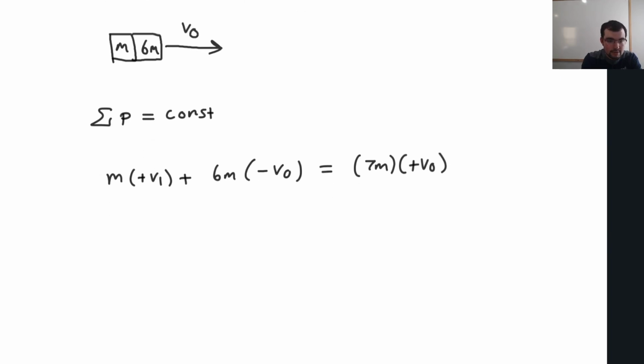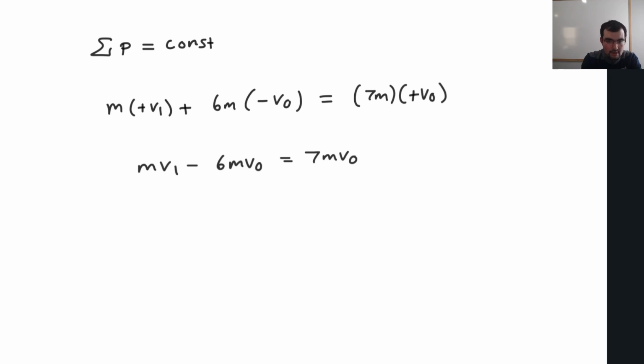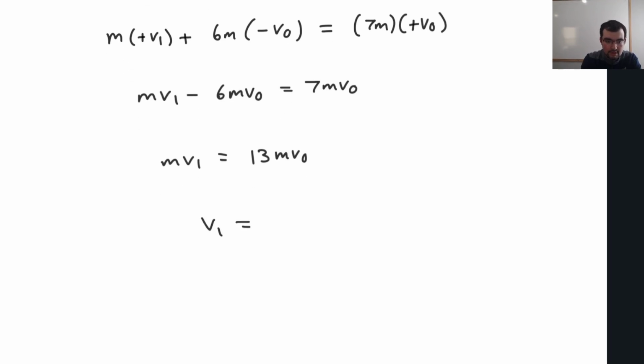So now we'd get mv1 minus 6mv0 equals 7mv0. So that means that mv1 would be equal to 13 mv0, or v1 is simply 13 times v0.